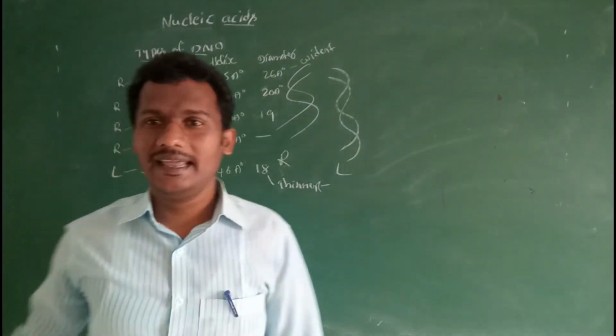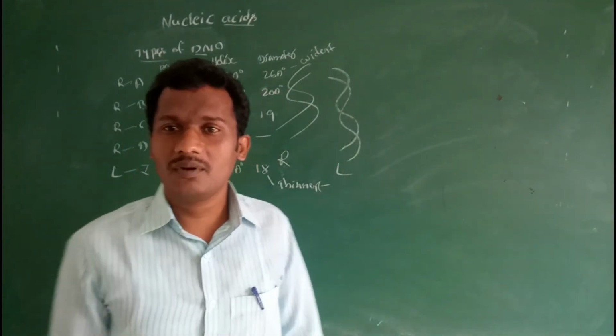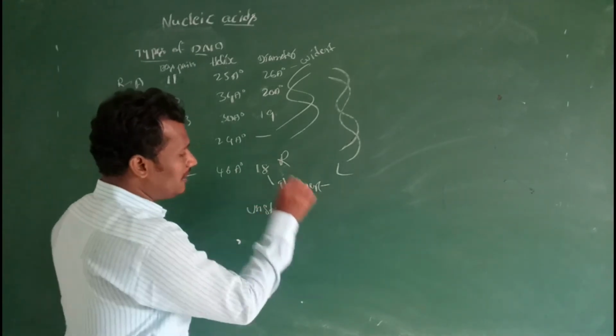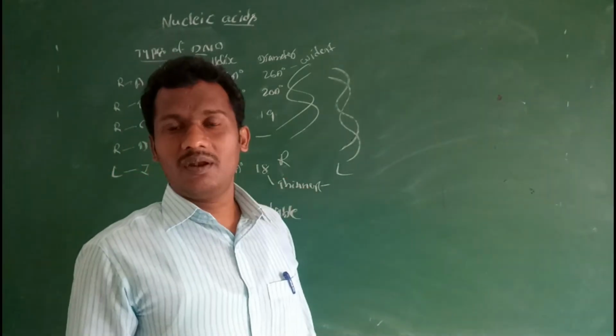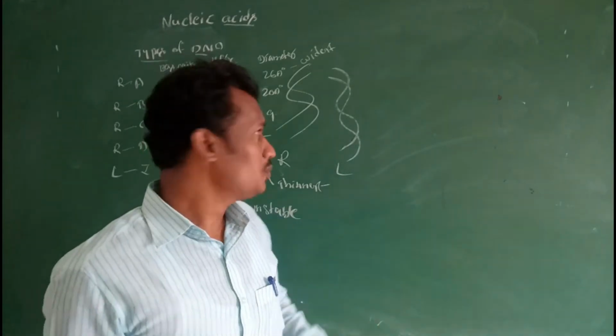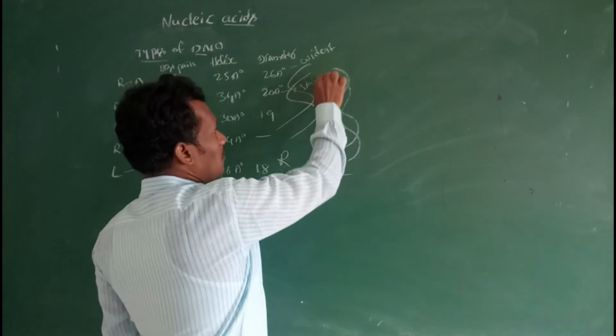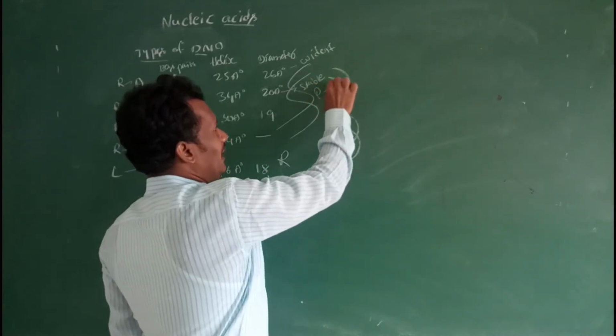Except B DNA, all are in an unstable condition. B DNA is more stable and physiologically active.